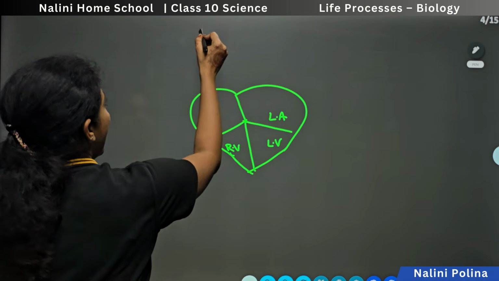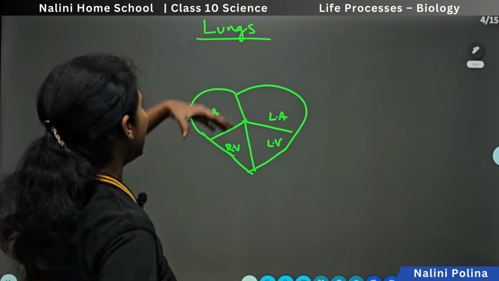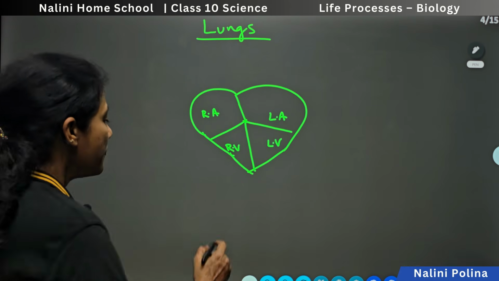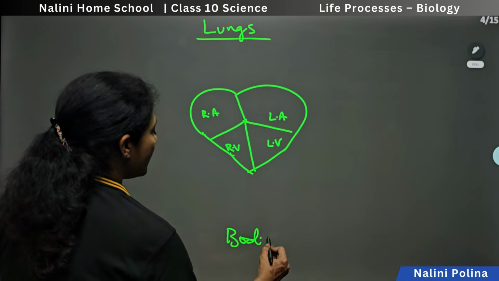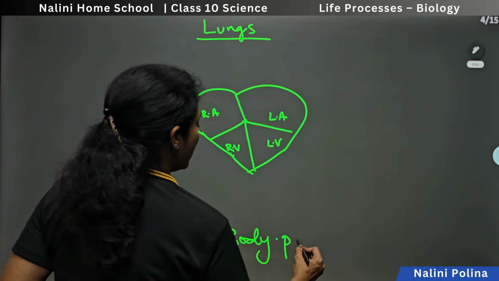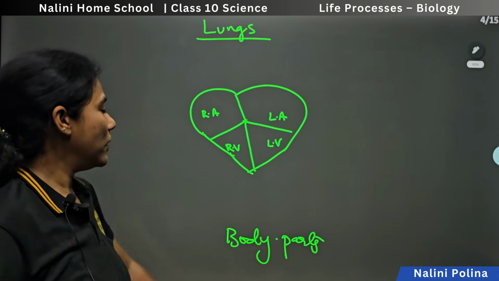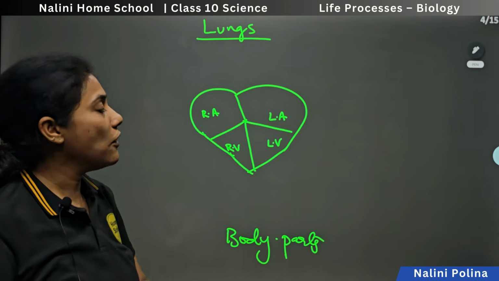And you know what, there are lungs, on either side of the heart. And imagine from the heart the blood is going to all the body parts, somewhere here below, and lungs on either side, and these are the 4 chambers of the heart.